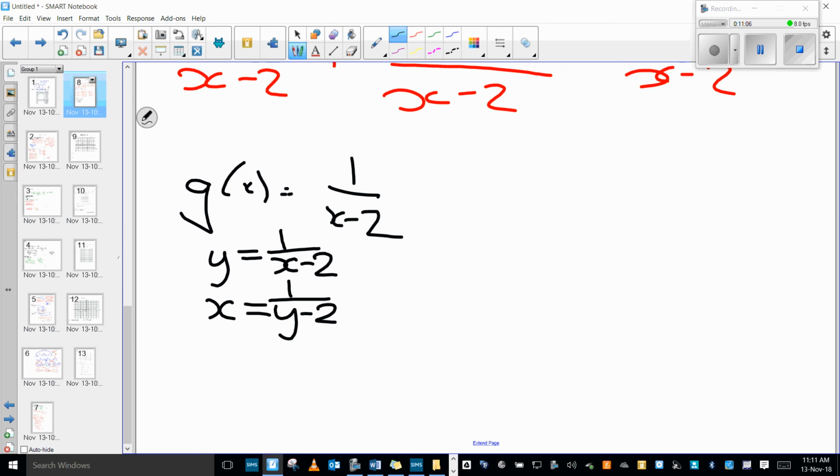So then we'll move this over here. Be careful, you need a bracket around the y minus 2, because remember, you're multiplying the whole thing by y minus 2.